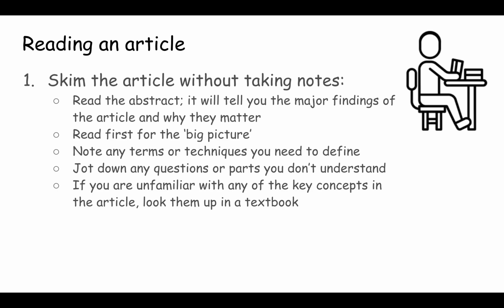So what you'll find is that things like statistical analyses have lots of different names for the same thing. So you'll need to find out what are the terms, techniques they're using. Do you need to look them up? Start writing down questions for things you don't understand.